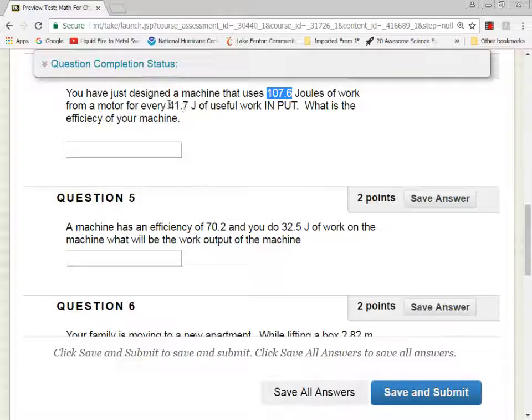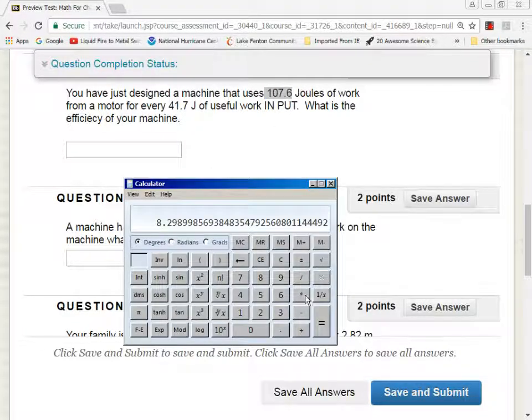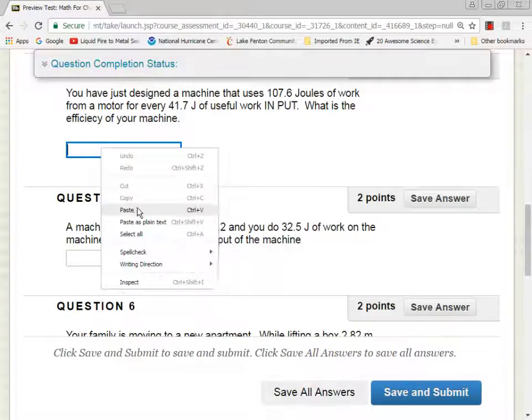That is second number divided by first number times 100. 41.7 divided by 107.6 times 100. Edit, copy, paste.